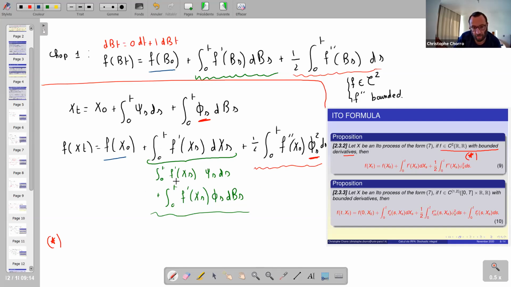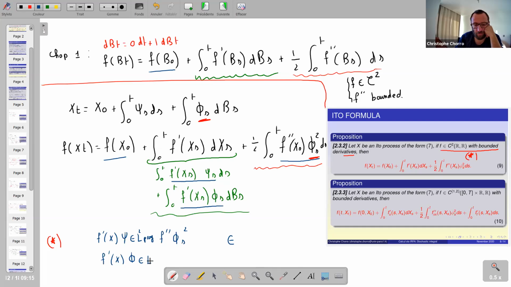So I need this Riemann integral to be well defined, this one to be well defined, and this one as well. So I need f prime of X psi, f prime of X phi, and f second of X phi s square to fulfill the right integrability condition: for this one, I need it to belong to L2 prog.